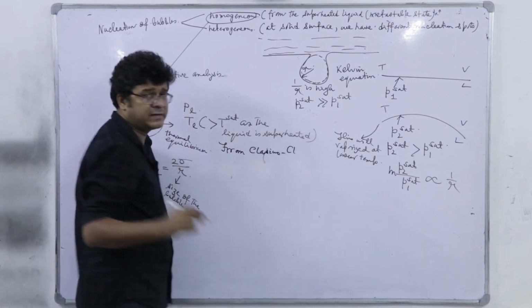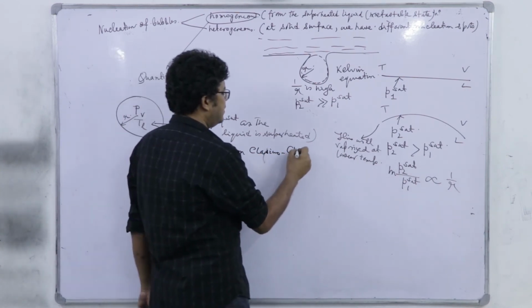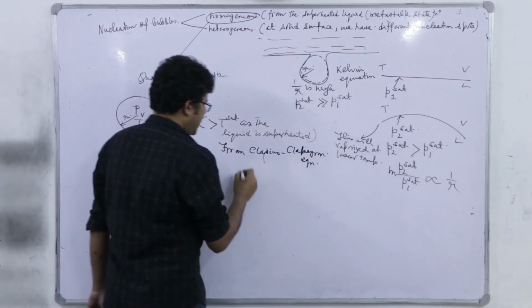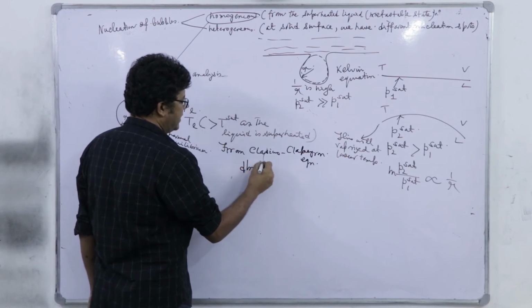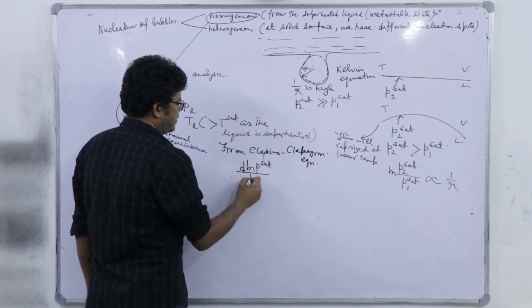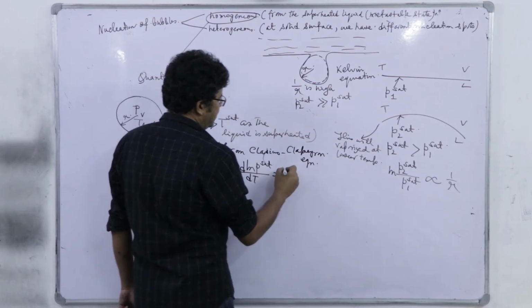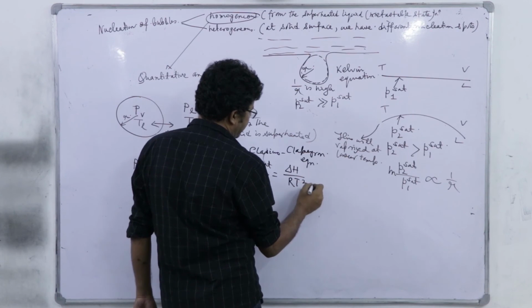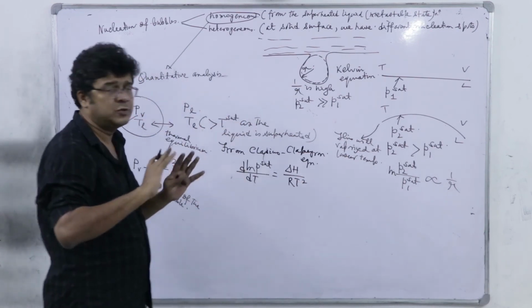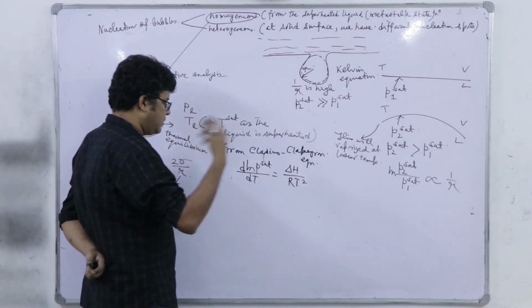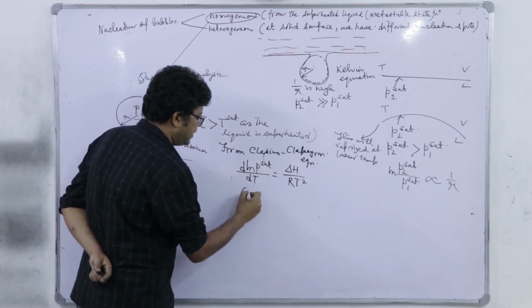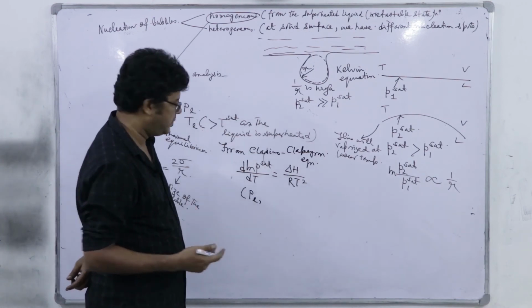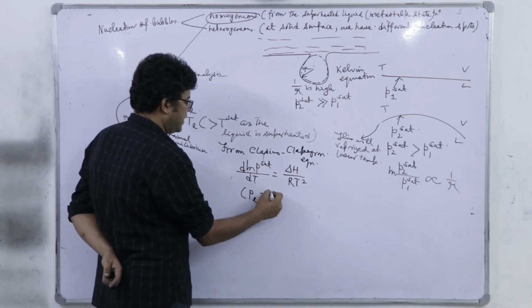Now, from the Clausius-Clapeyron equation, we will discuss it in thermodynamics, we have d ln p sat by dT equal to delta H divided by R T square. Now we will integrate this from one state to another state. In the first state the liquid is saturated, its pressure is PL and its temperature is T sat.